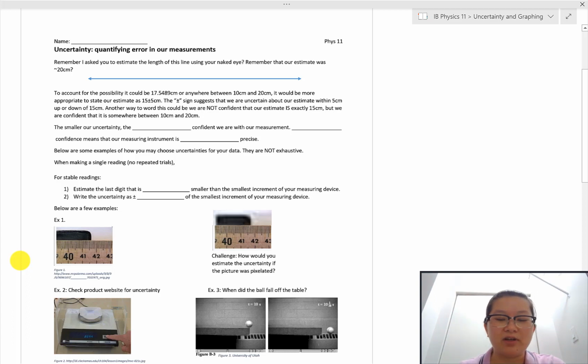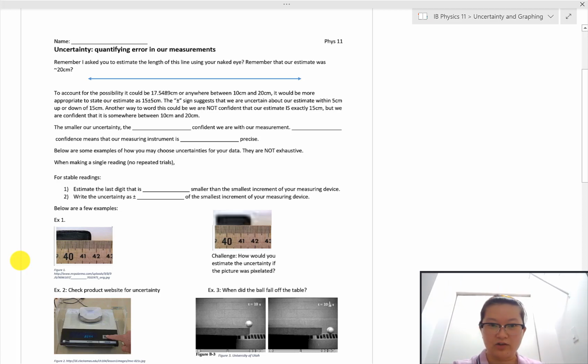That's a whole different topic on how science is a black box. Anyways, we won't go into that one. But most of the time when we do measurements, we can have a really good sense of how consistent or how precise our measurements are. And the way we convey that precision in our measurements is our use of uncertainties.